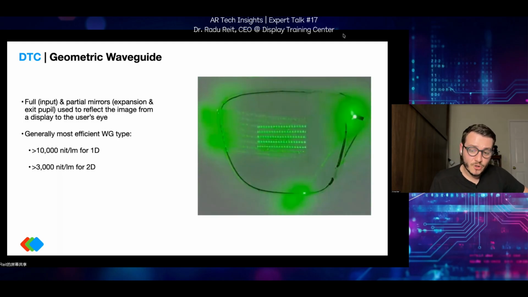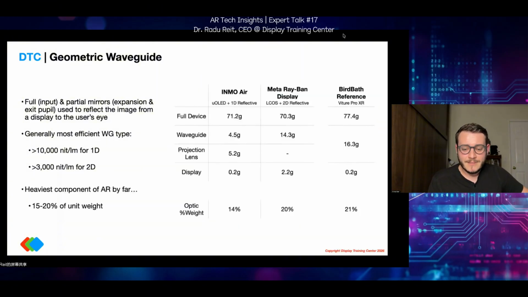So reflective waveguides are great, but they also add a lot of heft. If we take a look at these types of waveguides, all of these optics are generally 15 to 20% of the entire unit weight. Imagine that you get quoted that a company is making an 80 or 90 gram device. 20% of that is now going to be in the waveguide.